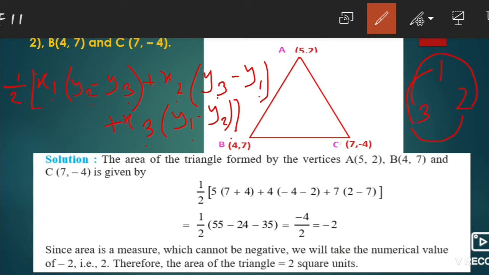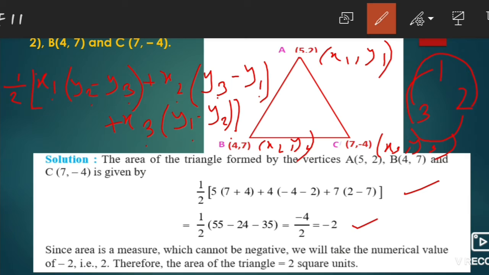So again use this formula. Consider A as x1, y1, B point as x2, y2, and C point as x3, y3. If you use this formula you will get the value as minus 2. Now what are you evaluating? You are evaluating the area of a triangle.